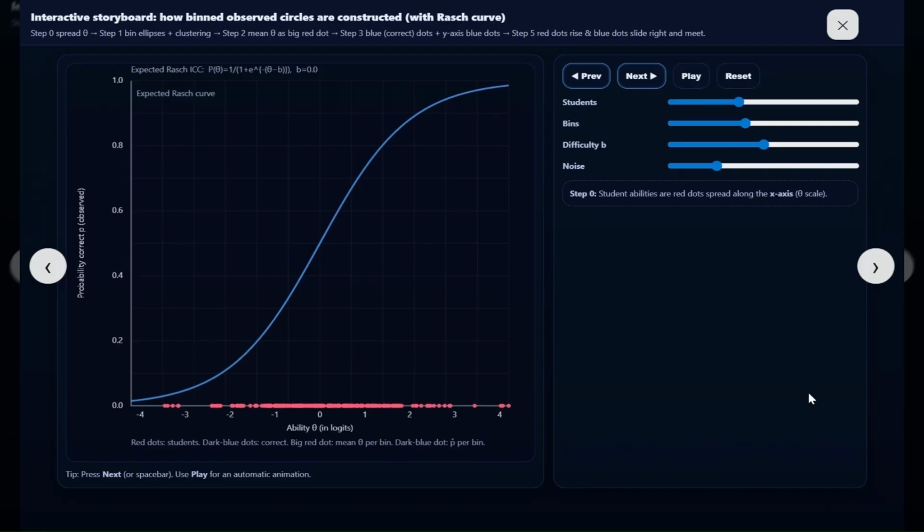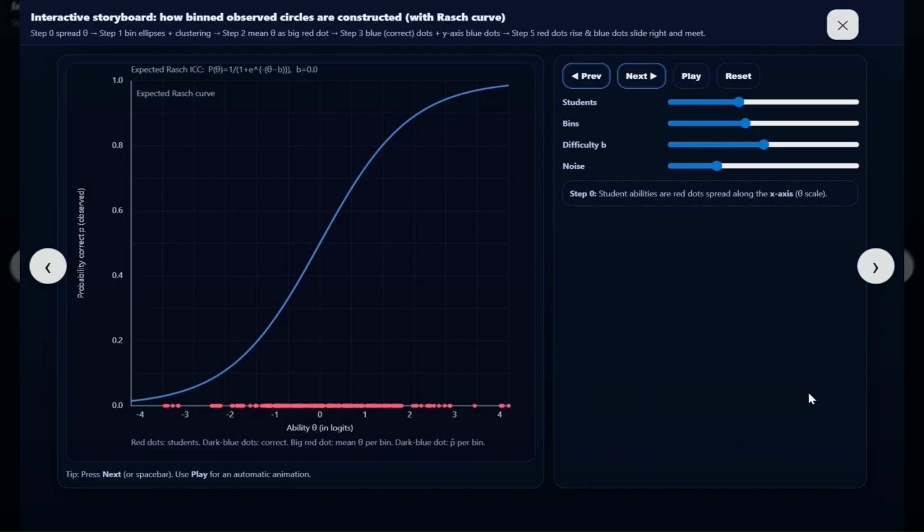So whatever it is, that's what fitness means. Fitness means that the observed percent correct of the ability students matches the expected probability of Rasch. This is ideal, or at least at a distance that is permissible by chance or by luck.